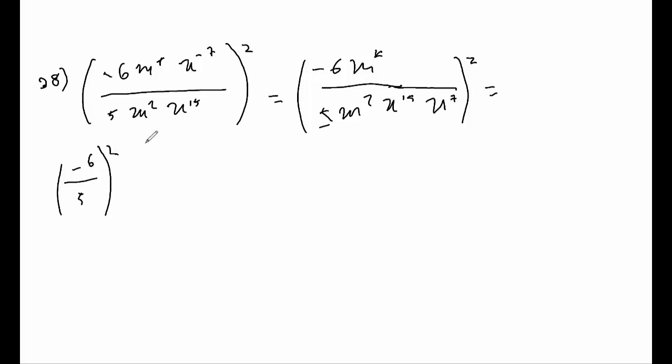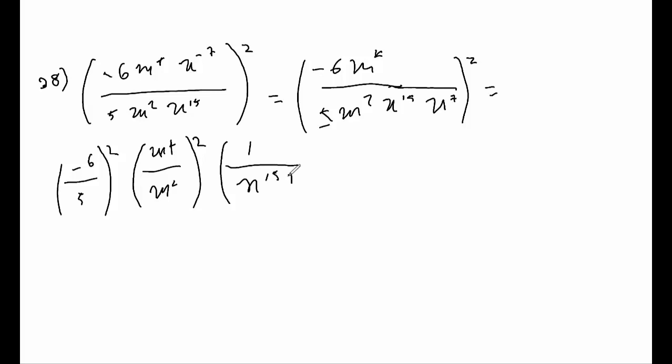And then I'll put my m's, m to the 4th over m squared, and I'll square that. And then finally, I'll put my n's, and remember, it's over 1 because this is on the bottom, and therefore there's a 1 over there, times 1, so that's going to be n to the 15, n to the 7th, squared.